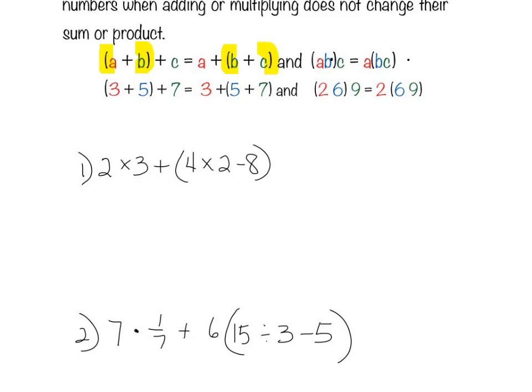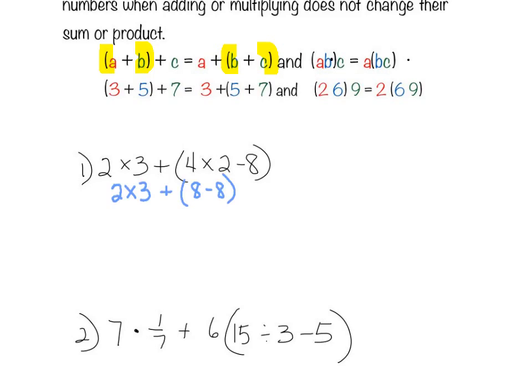So write down number 1, 2 times 3 plus 4 times 2 minus 8, and 4 times 2 minus 8 is within parentheses. Okay? So the first step that we're going to take here is going to be to evaluate 4 times 2, and 4 times 2 is 8, and so we'll bring it down this way. 2 times 3 plus 8 minus 8.